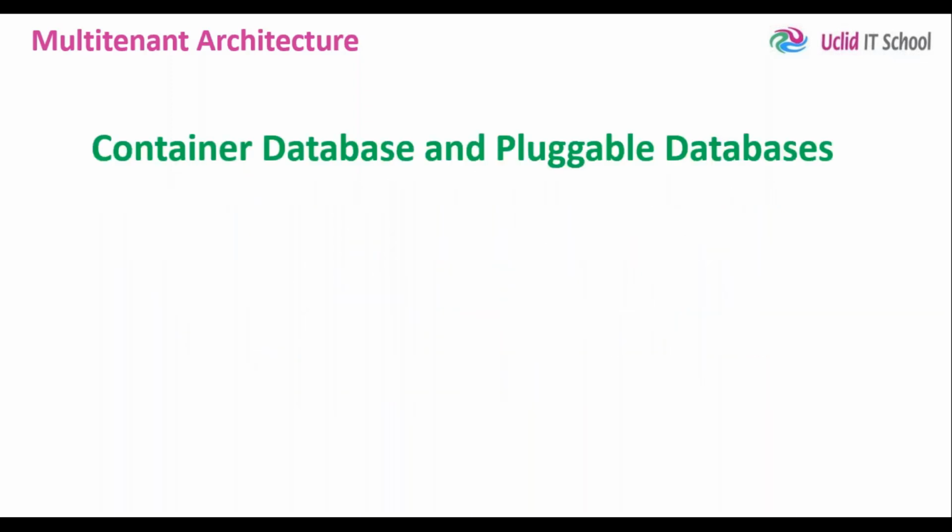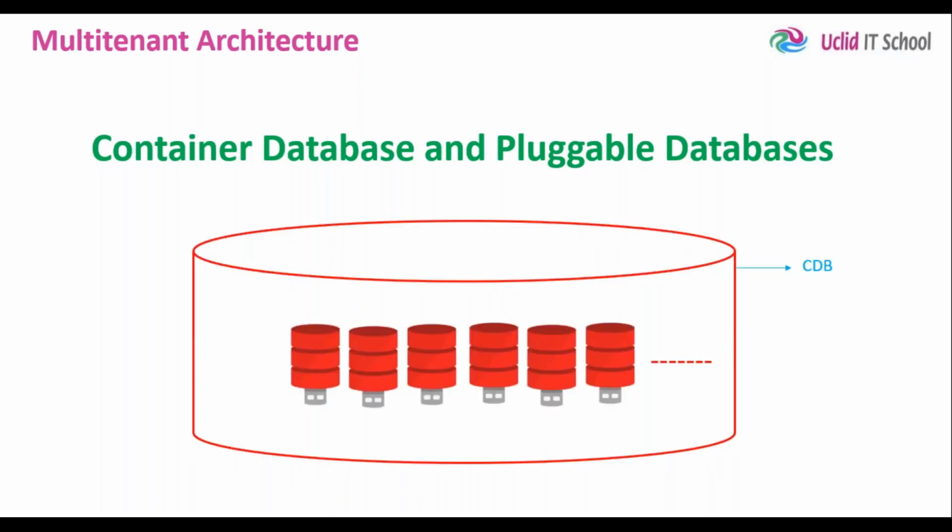Now, multi-tenant architecture introduces new terms, container database and pluggable database. And we have already become familiar with these terms by now. Now this is the container database and it contains other databases. So starting with 20c, a database must contain other databases or should be contained in another database.